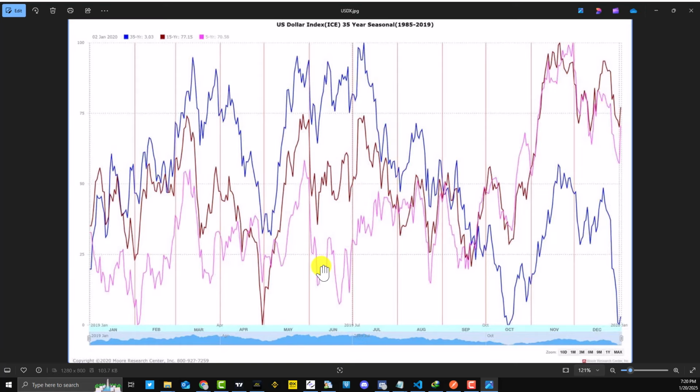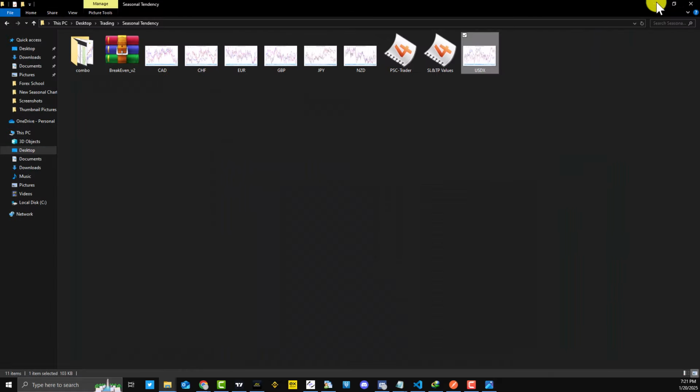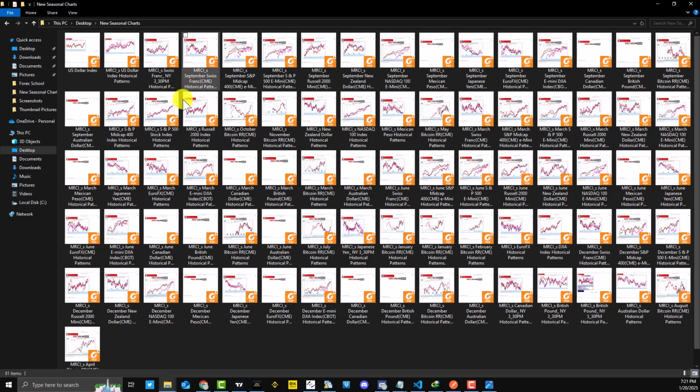It's much more interactive. You can't see the picture like this with clear-cut months. So you have to zoom in, and you can't do it outside the website. Okay, so these are some of the charts that I've saved.